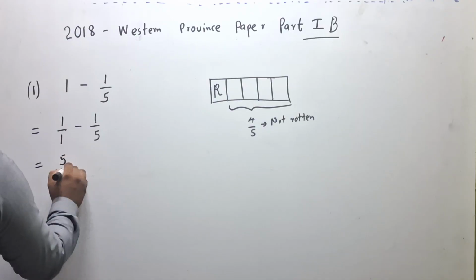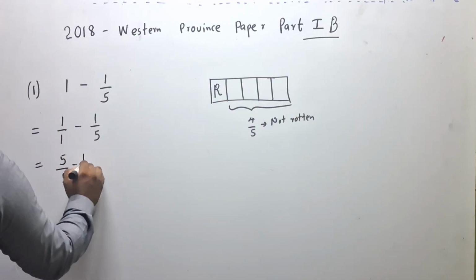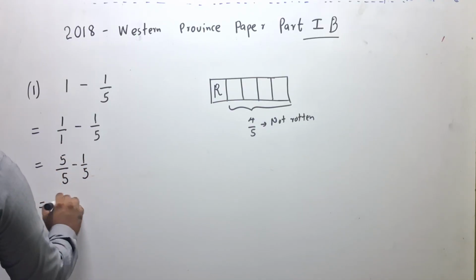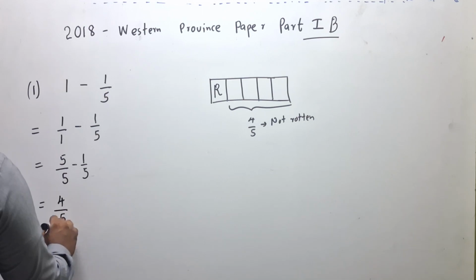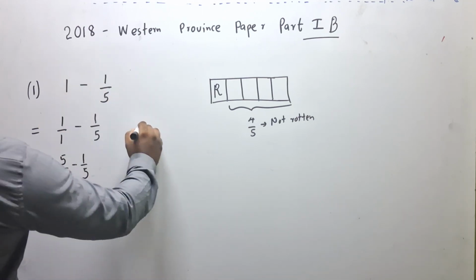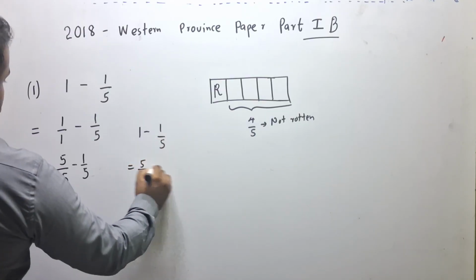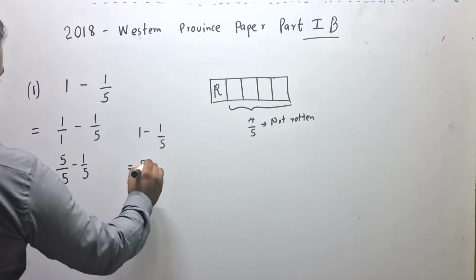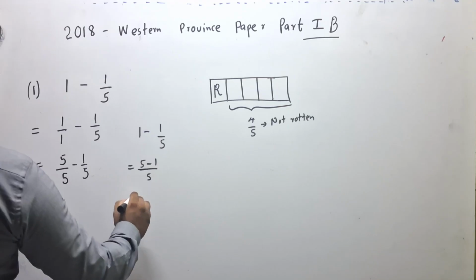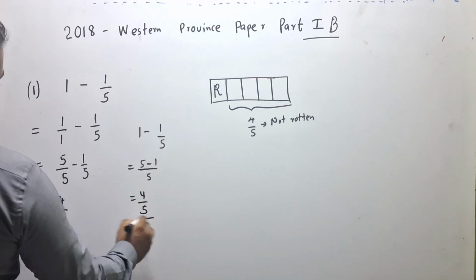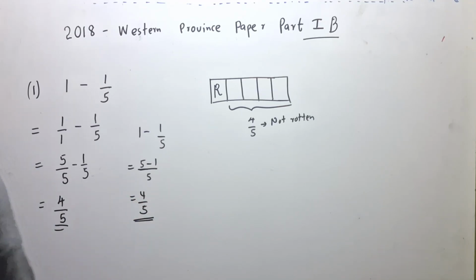So 5 over 5 minus 1 over 5. Answer is 4 over 5. Actually, we can do it at once like this. 1 minus 1 over 5, 5 over 5 minus 1, 4 over 5. This is the answer.